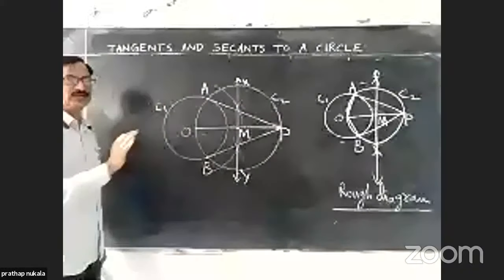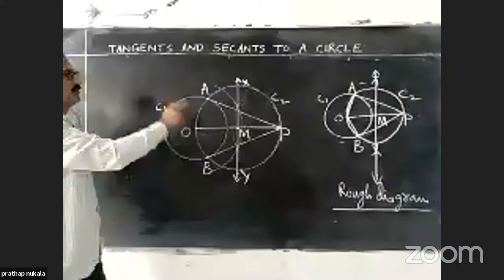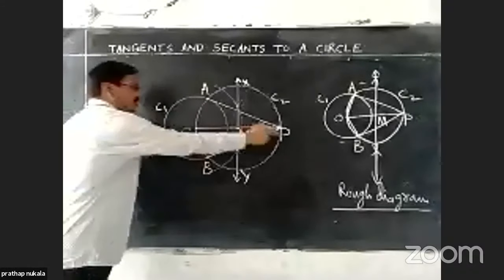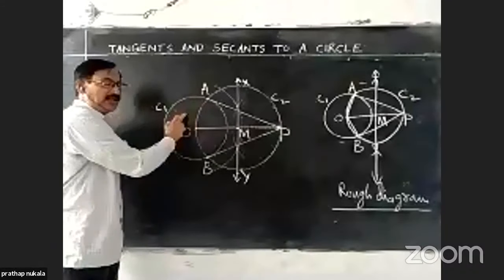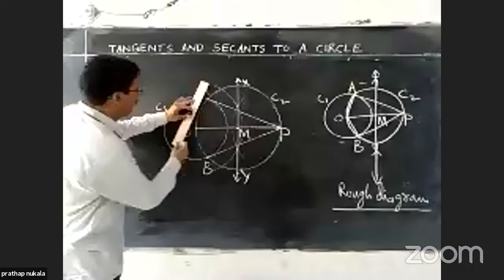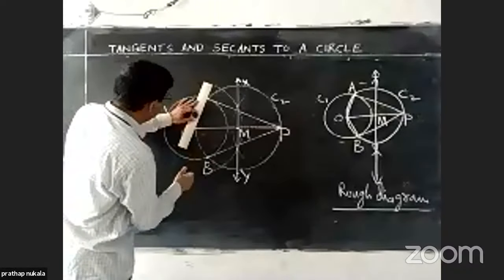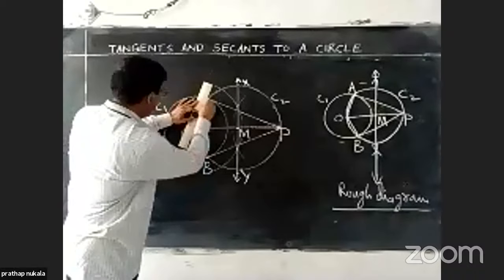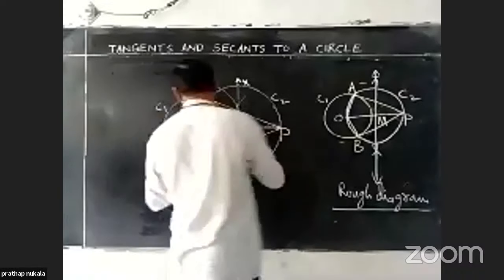center O. That's all. This is the construction of a pair of tangents from an external point to the given circle. Join OA and OB for convenience.